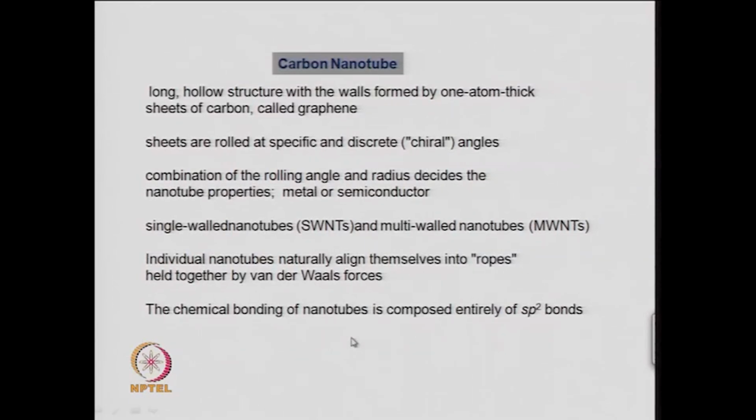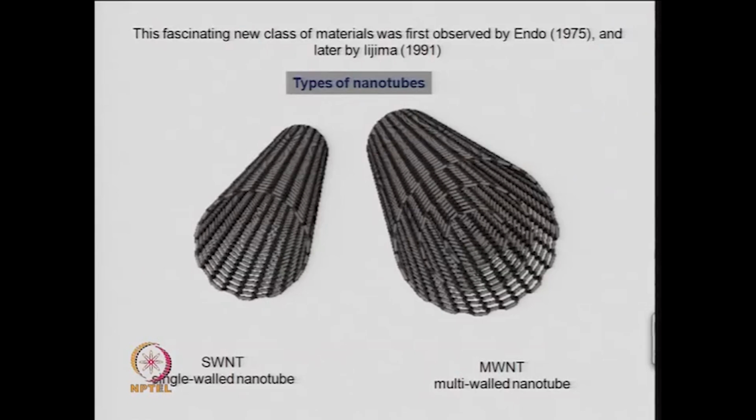Now, the carbons inside the nanotubes are all sp2 hybridized carbons. That is true for all the carbons in these nanotubes. To have a look at these nanotubes, this is a single wall nanotube, and its diameter is of the order of 1 nanometer, and this is a multi wall nanotube.